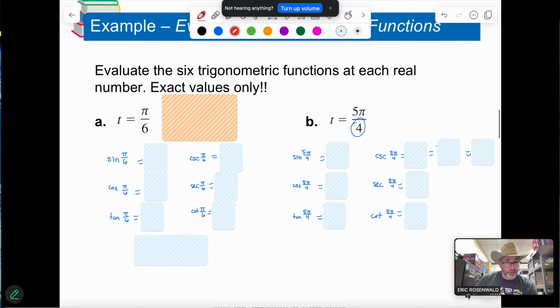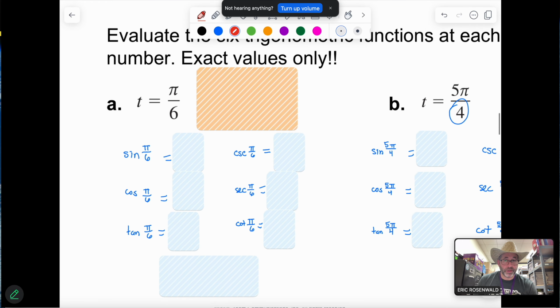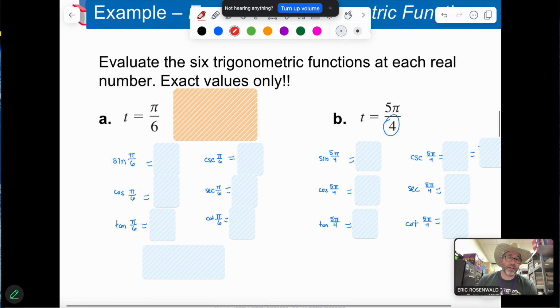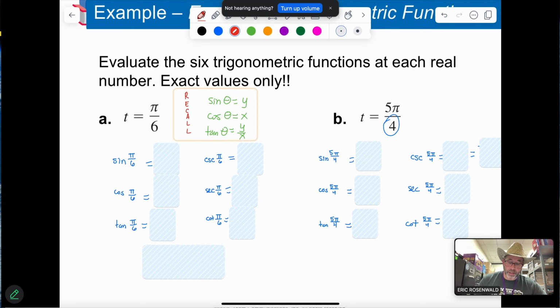And again, with the unit circle, we're going to reference these very quickly. It says to evaluate the 6 trig functions based off of the angle that's given. So if we say pi over 6, we're looking at that 30-degree angle. Oh, and recall, sorry, this is important. We talked about this previously, that to make things faster with the unit circle, y is sine of theta, x is cosine of theta, and tangent is y over x.